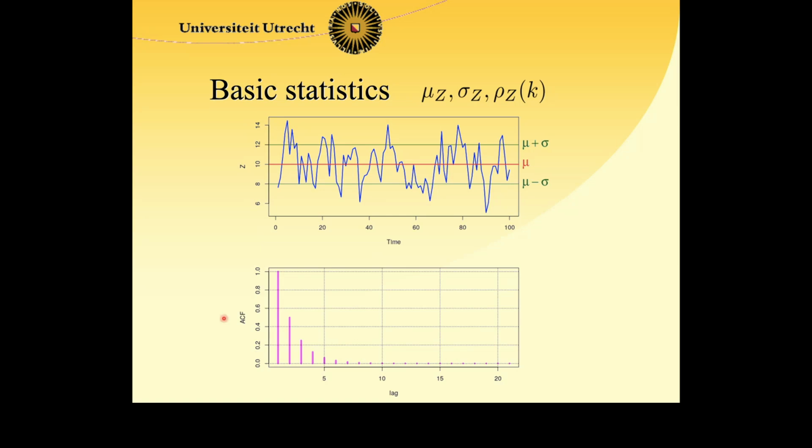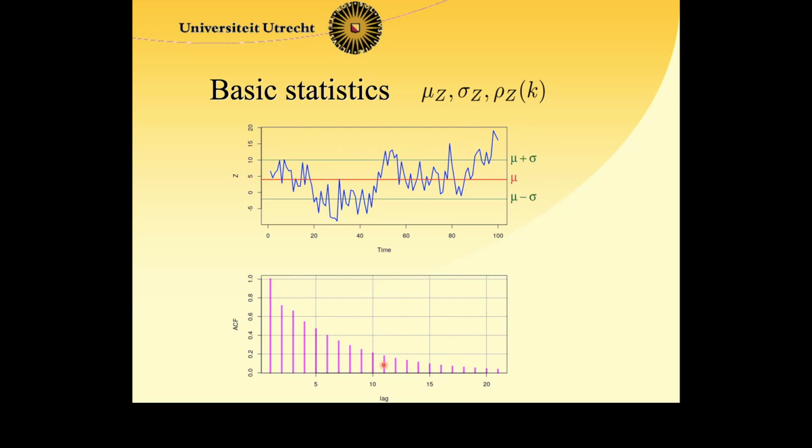Here the correlation length is say 10 time steps, and then the random variables at more than 10 time steps apart are no longer correlated. This is not the case here. Here you see correlation is up to more than 20 time steps removed, and you can see that the excursions below and above the mean are much longer, therefore.